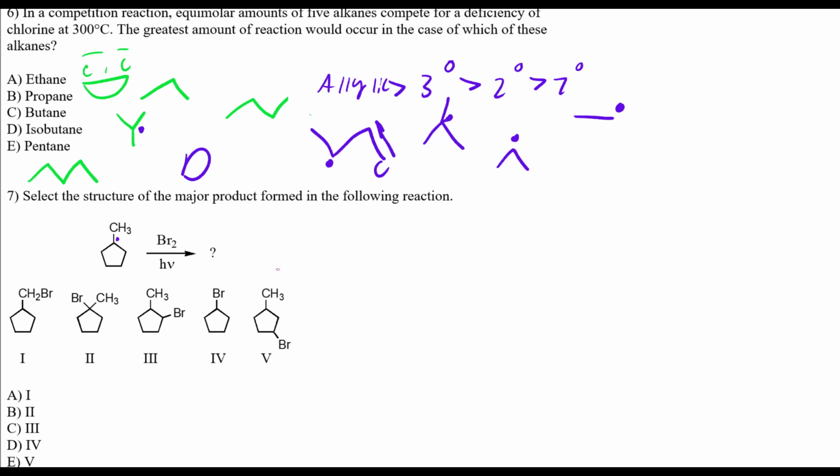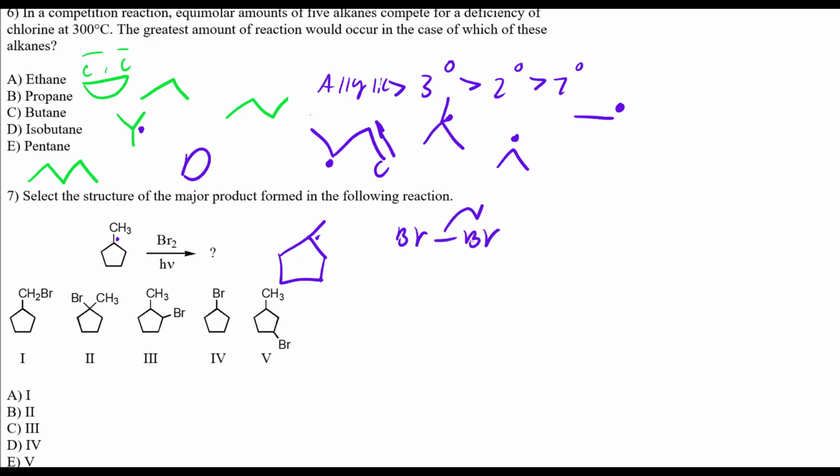So let's do the arrow pushing. Let's say there's a radical right here, and we have a bromine and another bromine.